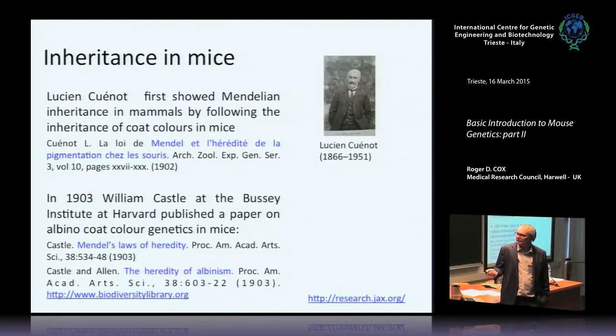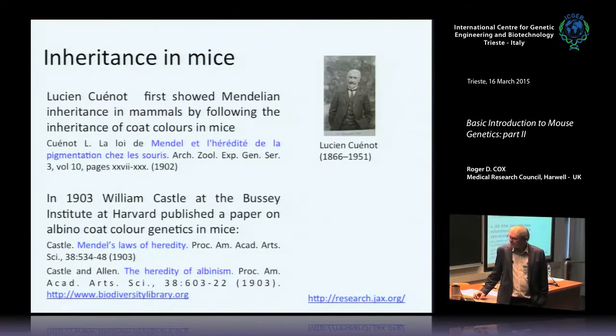This is a paper in 1902, Cuénot. In 1903, William Castle, who we've already heard about at the Bussey Institute, published a paper on albino coat color genetics in mice. So these are the first genetic studies of inheritance in mice.